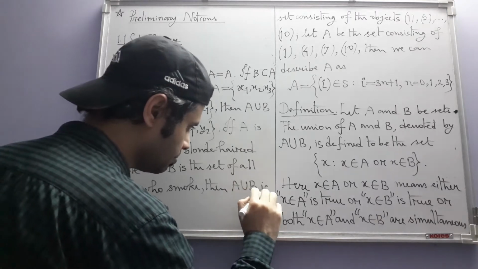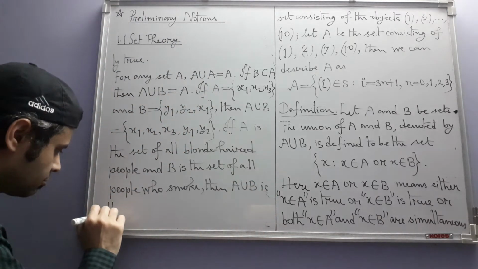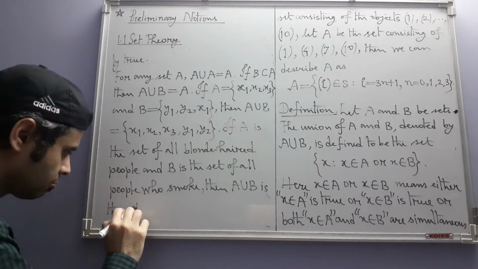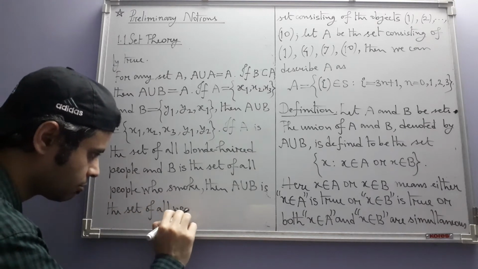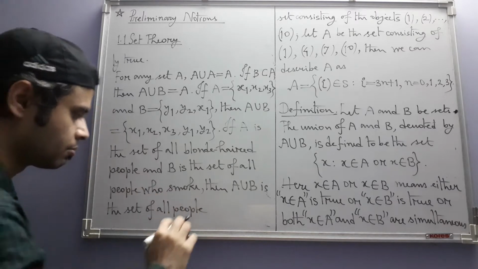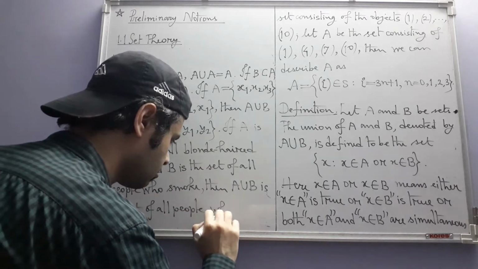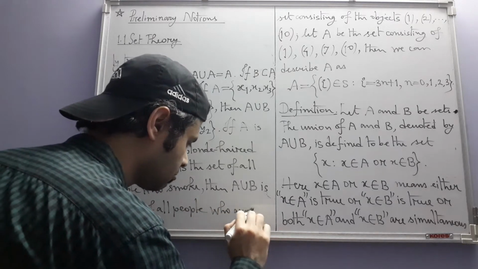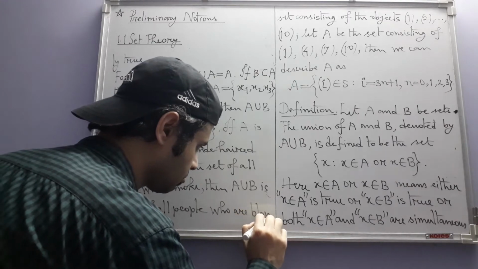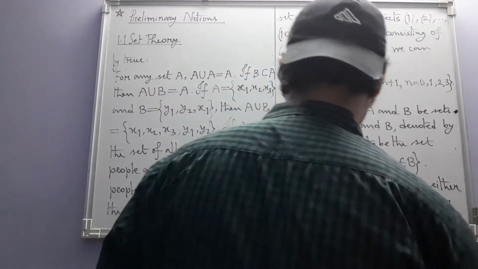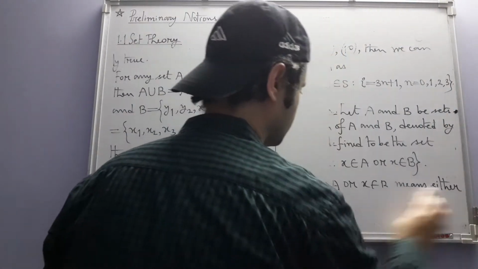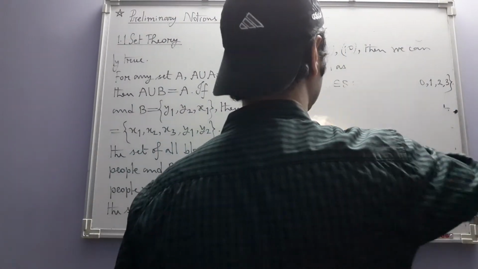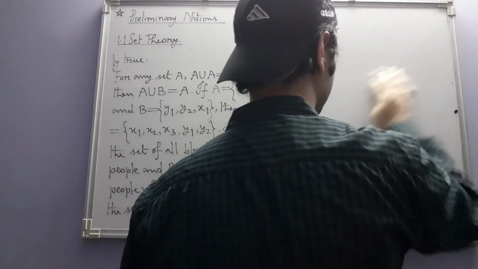A union B is the set of all people who are blonde haired or smoke or both.